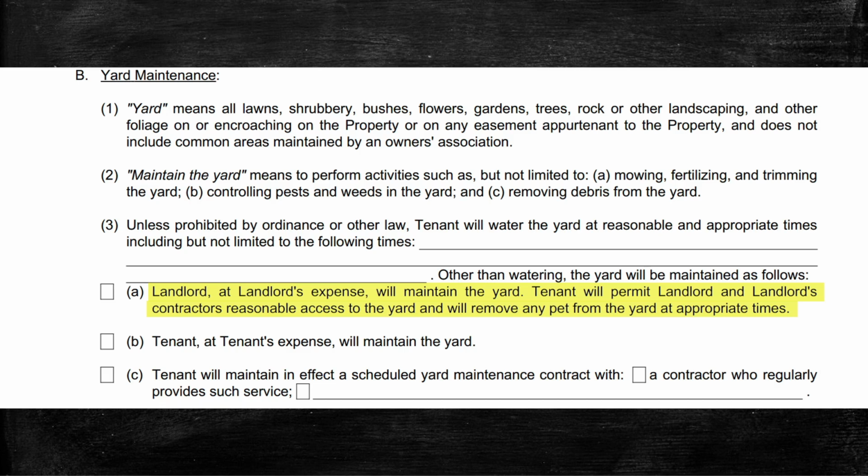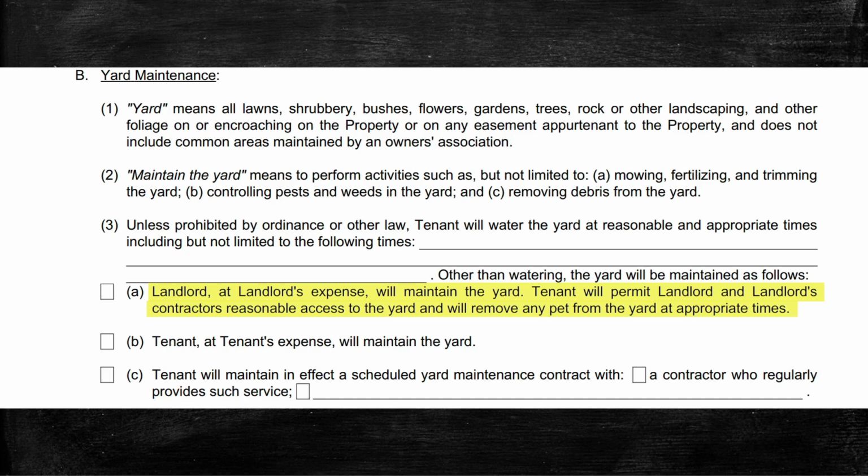Maybe the landlord is going to send their lawn contractor or their yard contractor, their groundskeeper out to maintain the yard. In that case, the tenant will permit the landlord and the landlord's contractors reasonable access to the yard, and they will remove any pet from the yard at appropriate times.